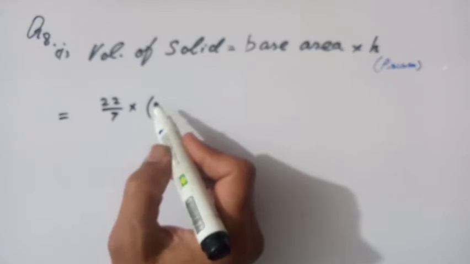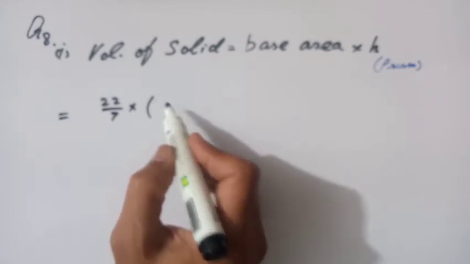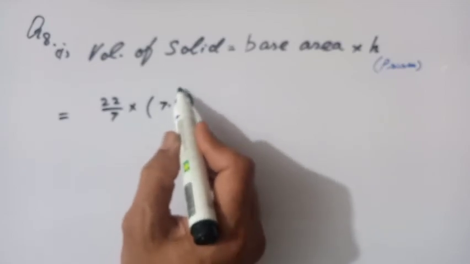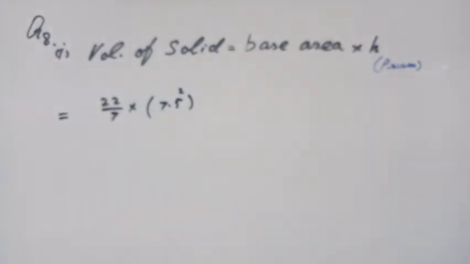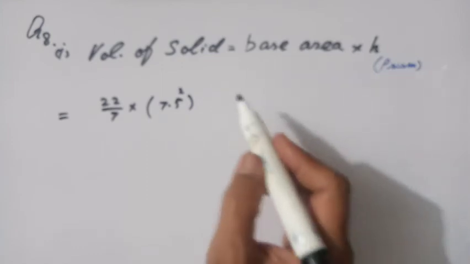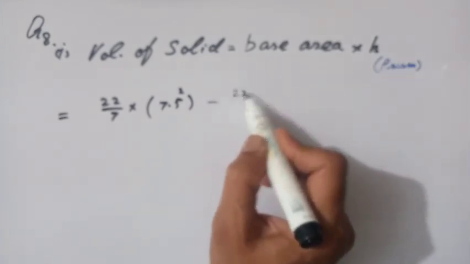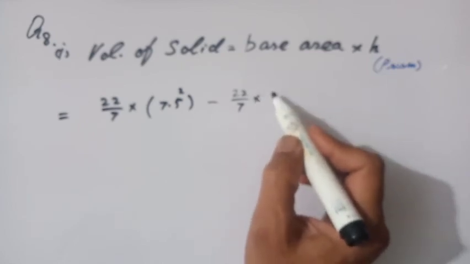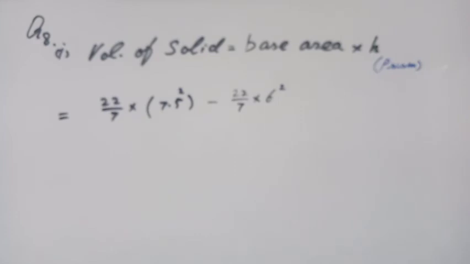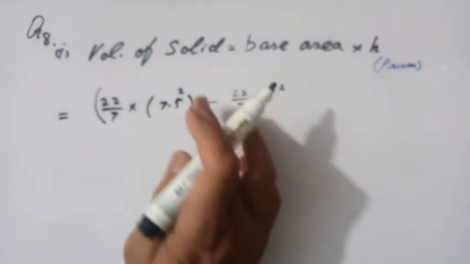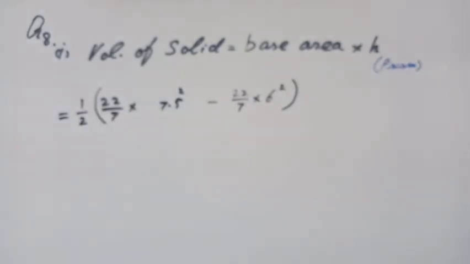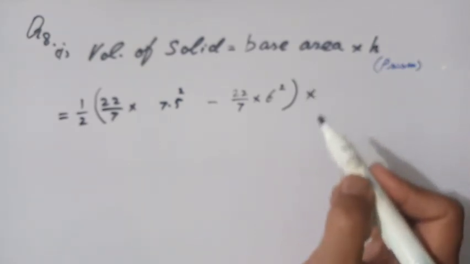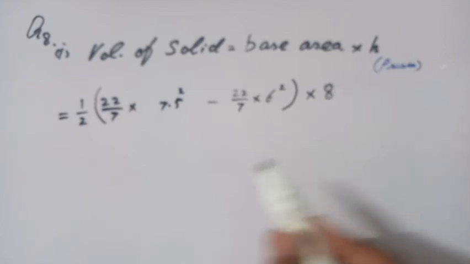This is 6 plus 1.5, so would be 7.5 square, and half of it क्यों? इसलिए कि सेमी सर्कल है। देन माइनस 22/7 मल्टीप्लाइड बाय 6 स्क्वायर। अब इसे हम मल्टीप्लाई कर देते हैं 1/2 से, बिकॉज ऑफ सेमी सर्कल्स, राइट। देन मल्टीप्लाइड बाय height of the prism, which is 8 centimeter.